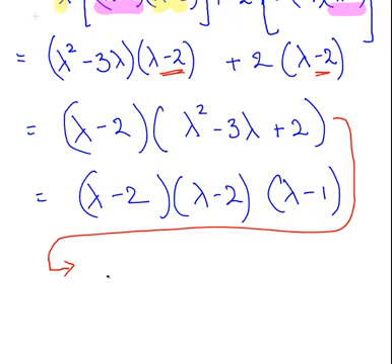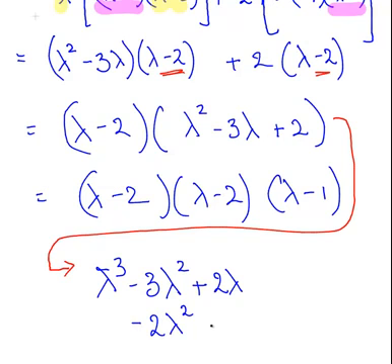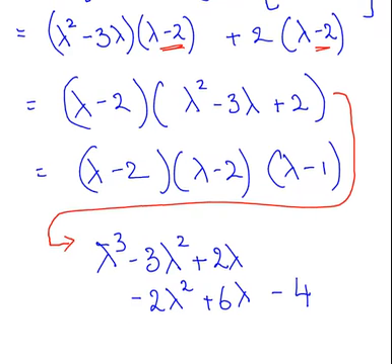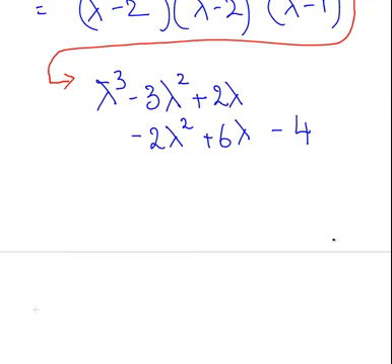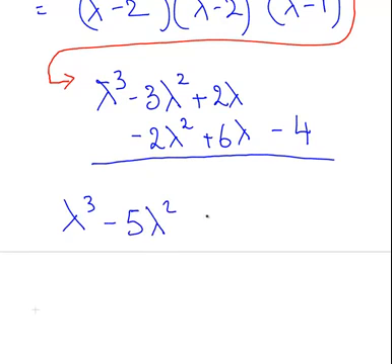So what I get when I multiply this out is lambda cubed minus 3 lambda squared plus 2 lambda minus 2 lambda squared plus 6 lambda minus 4. And when I add that all together and simplify, what I get is lambda cubed minus 5 lambda squared plus 8 lambda minus 4.